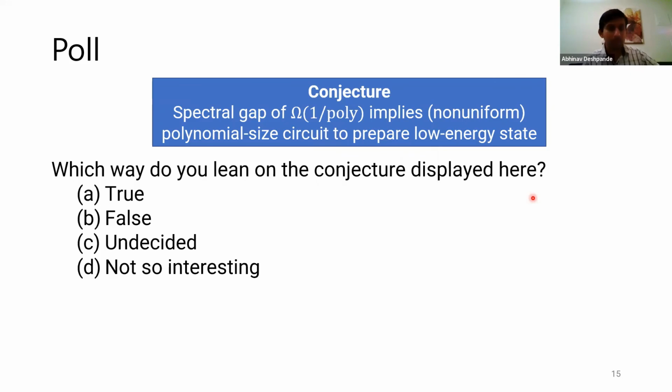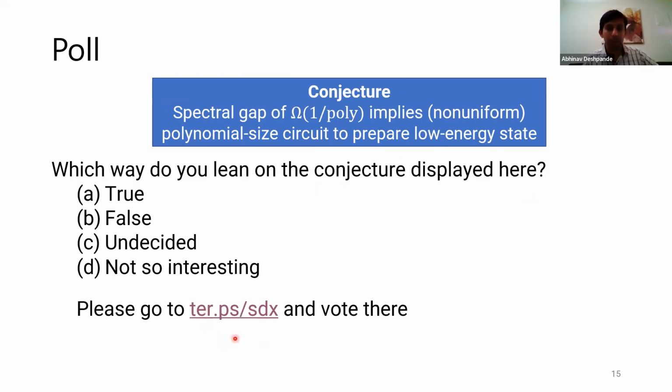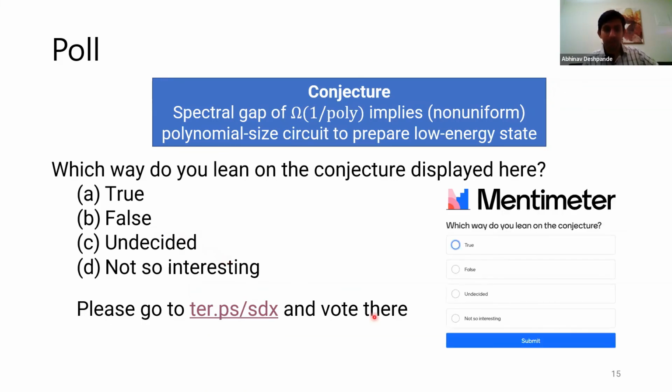I would like you to vote on this conjecture, which you can do by going to this link. So there's 4 options: true, false, undecided, and not so interesting. So if you go to this site, you will see a poll here. And I'll take a moment there.